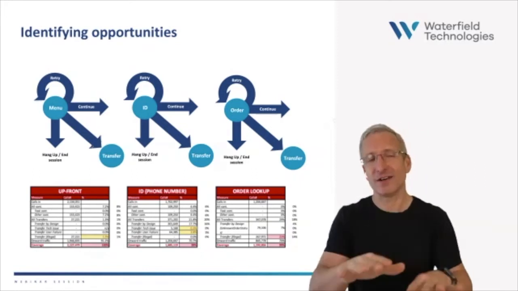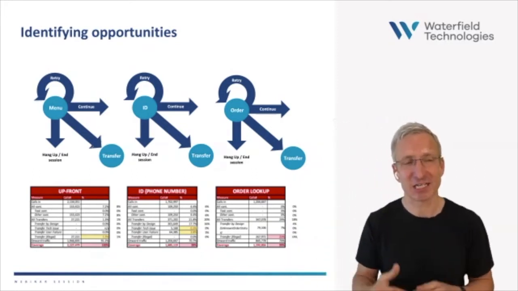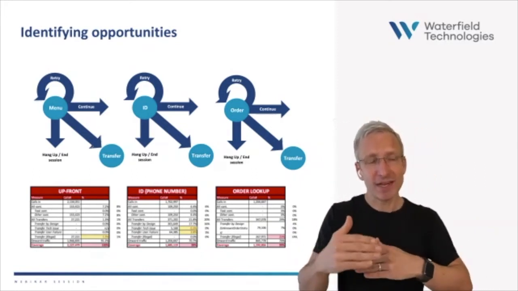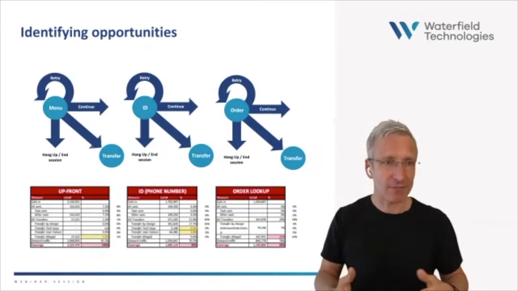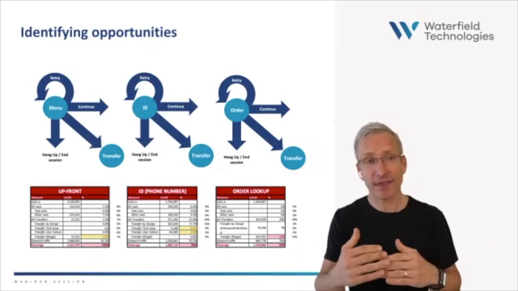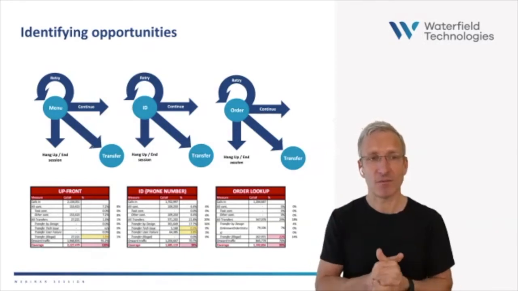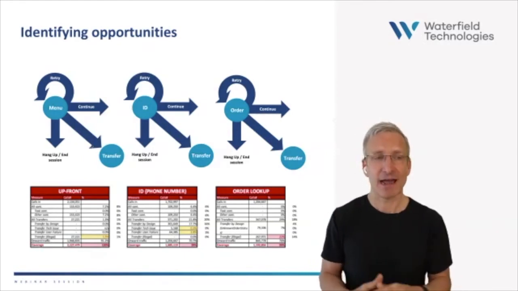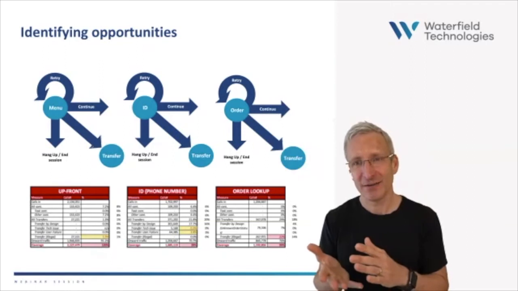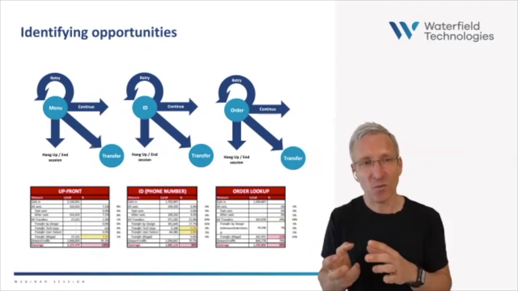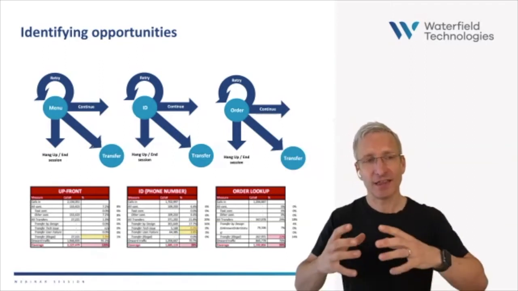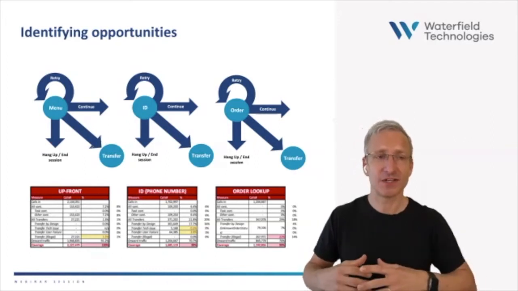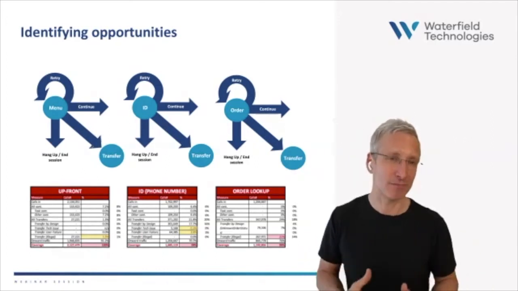And I've not made it big enough to see the details, but what we can do is where we get more transfers or hangups than we would expect, we can highlight that in orange or in red when we've got a fairly large number. And what this means is we've highlighted the problem. We've highlighted what is causing the system to get less task completion than we would like.